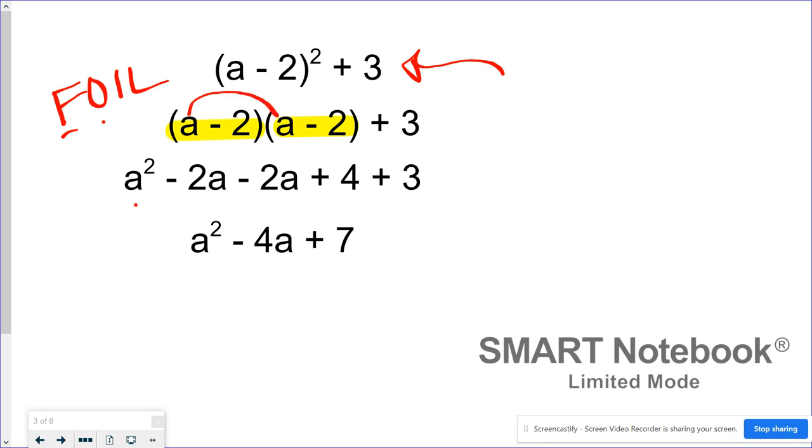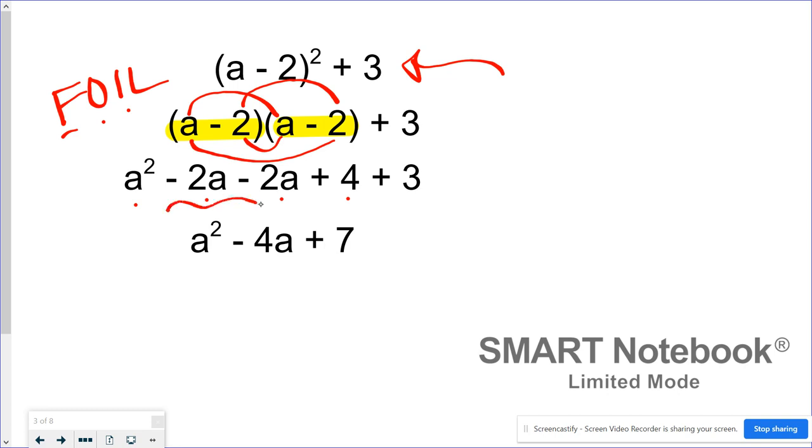The O is for outside, so a times -2. That's how I got -2a. The I is for your inside terms, okay? And then the L is for your last, so -2 times -2 is -4. All right, that's how we properly square a binomial. Then it's just a matter of combining like terms.